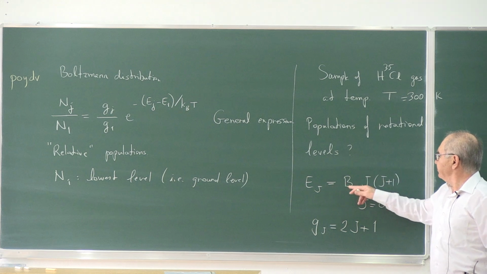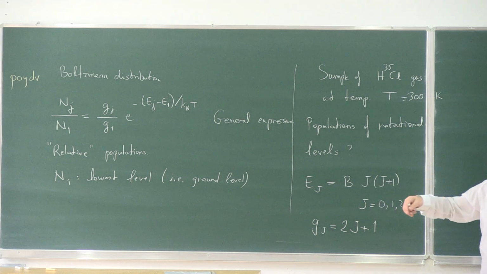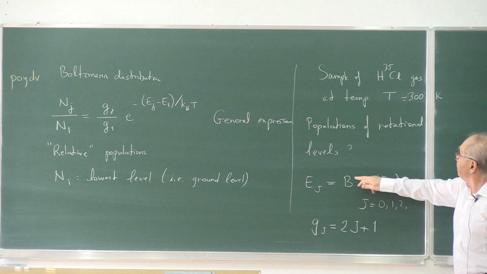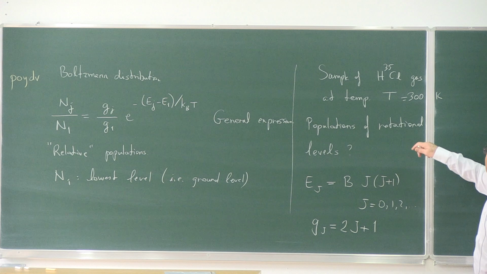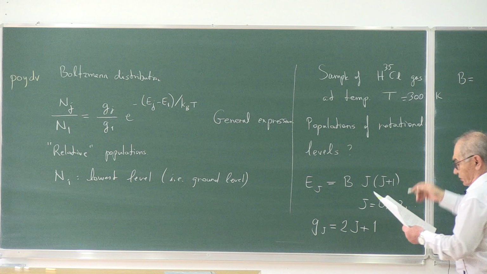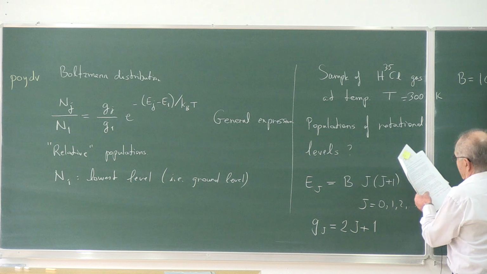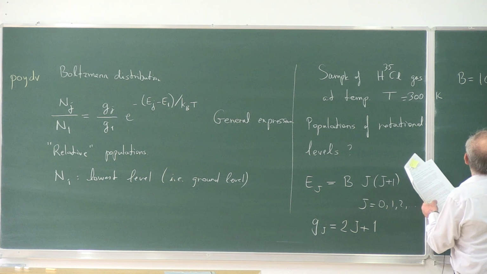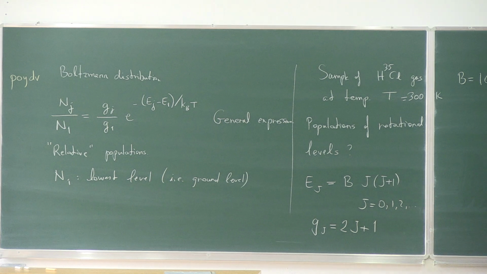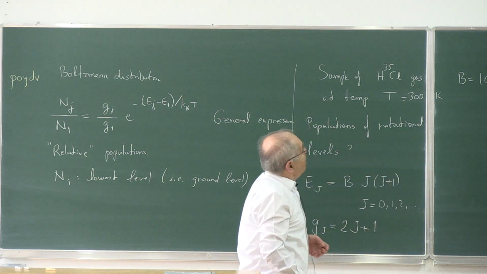In this expression, B is the rotational constant. Therefore, we need its numerical value to apply that expression. The rotational constant B for this molecule is this, an experimental value.